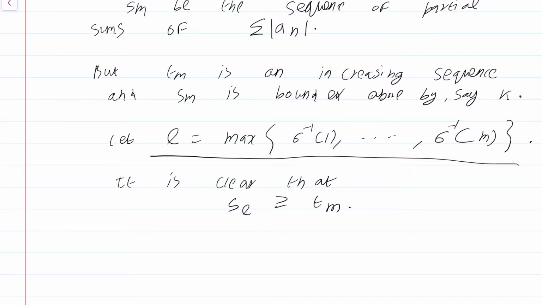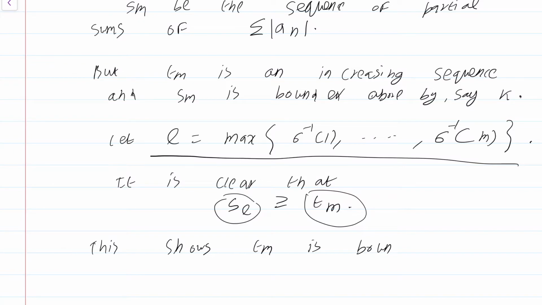That means every single term that comprises Tm will occur in this sum SL also, and possibly more terms can occur. Therefore, SL will have to be greater than or equal to Tm. This shows Tm is bounded by K, and by the monotone convergence theorem, Tm is convergent.